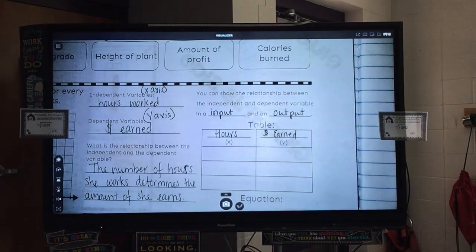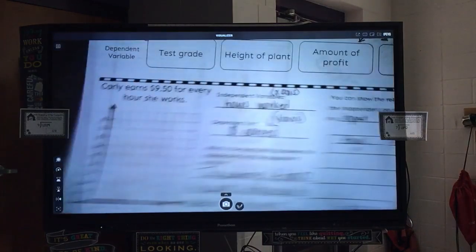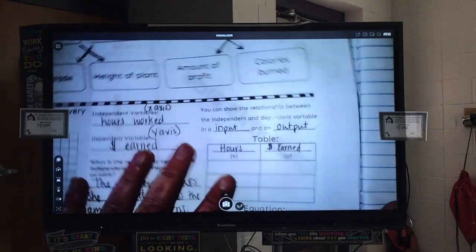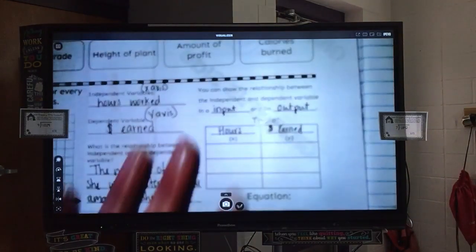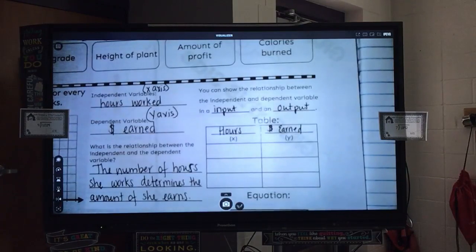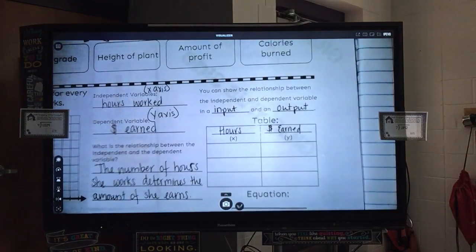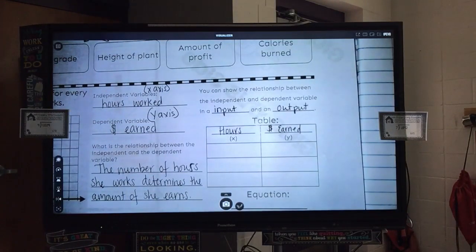Alright, so to make this very easy and looking at the graph a little bit, what was the first number you put in your graph over here? Haley. 1 on the X, $9.50.